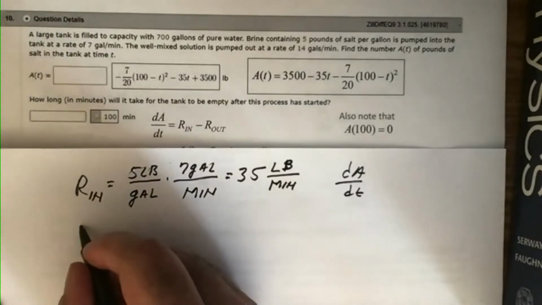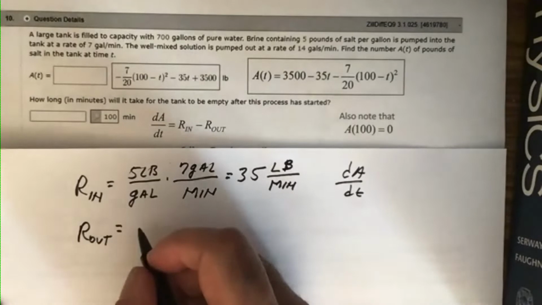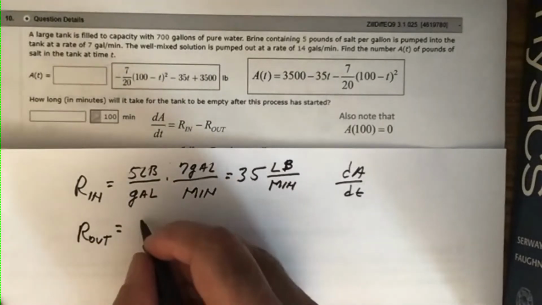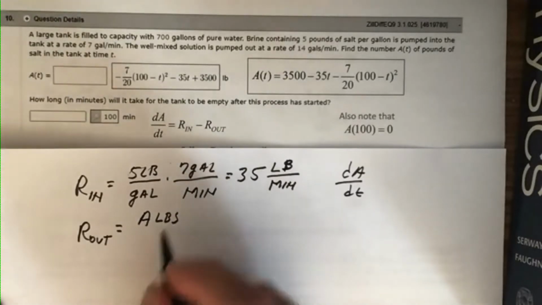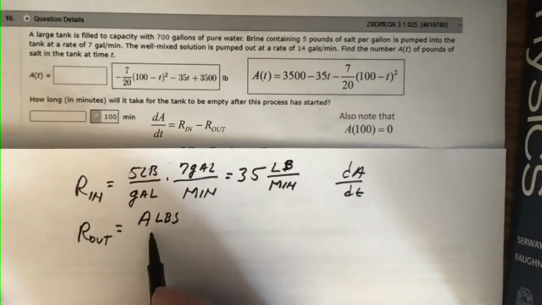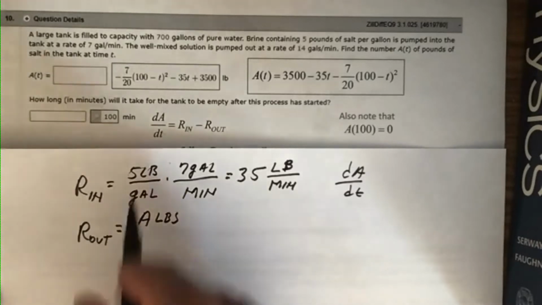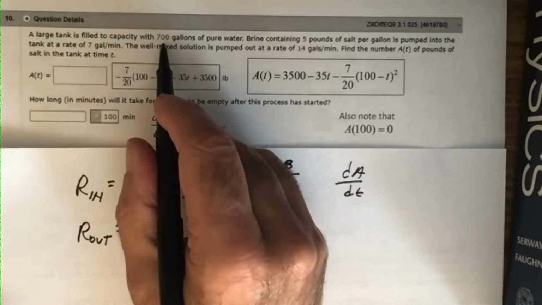Now the rate out. Remember what we had before, the easier problem: we had the amount of salt at a given time, in pounds, whatever the amount of salt in the tank is. That's A. And previously, in the easier problem, we had 50 gallons. Now here we're starting out with 700 gallons.